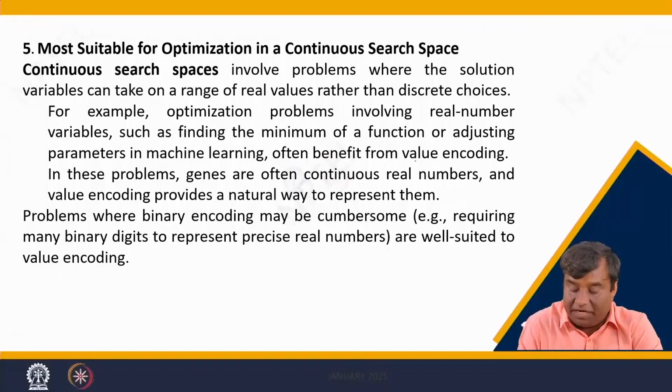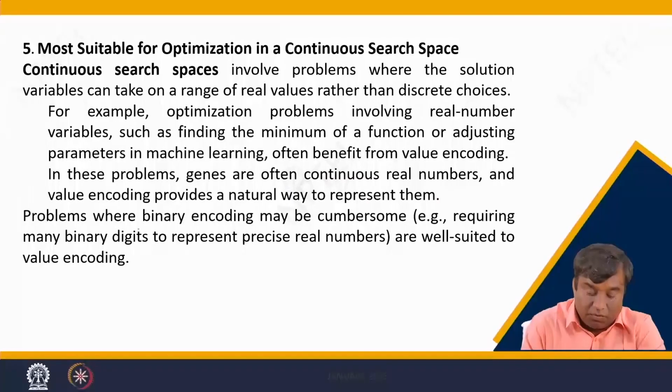In these problems, genes are often continuous real numbers, and value encoding provides a natural way to represent them. Problems where binary encoding may be cumbersome, that is, requiring many binary digits to represent precise real numbers, are well suited to value encoding.